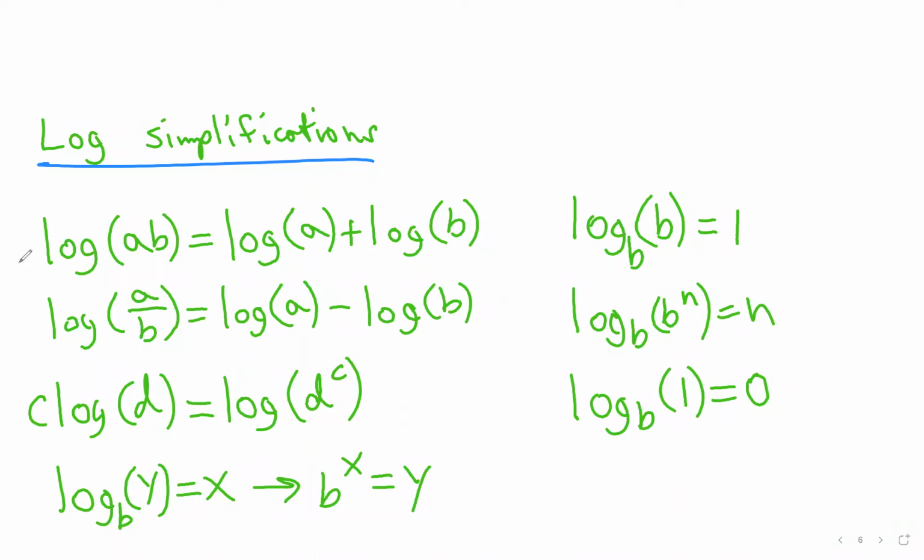And so you would end up with this relation where you have log of a minus log of b coming up. And so it's all about thinking of what the log function means as the inverse of its base's exponent.